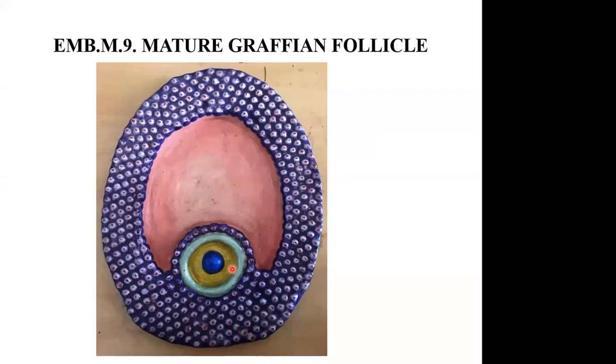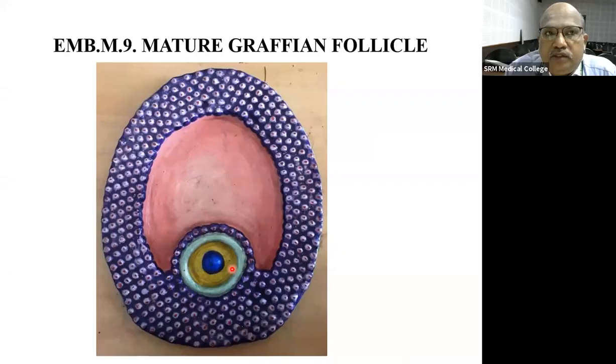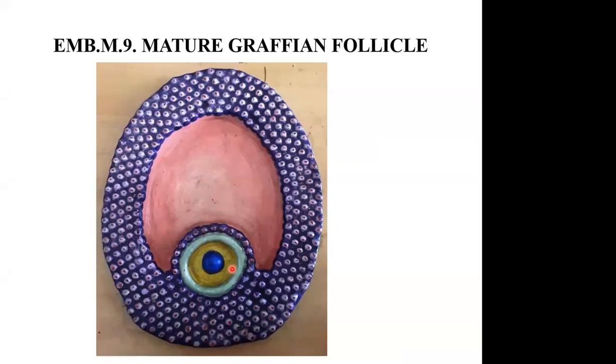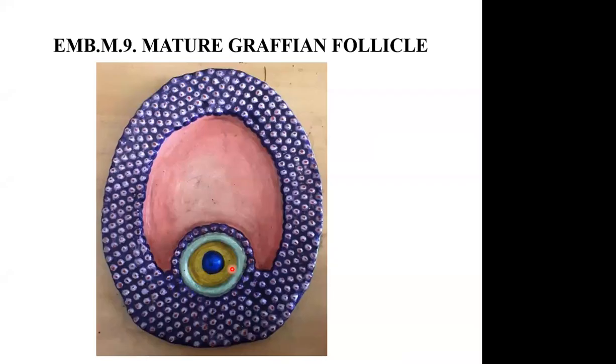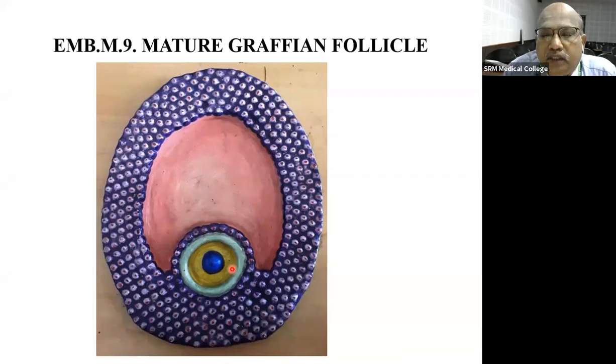Here we don't get a polar body, so it is primary oocyte. That point you should be very clear, because the examiner may ask you to demonstrate whether this is secondary or primary. That point is important.